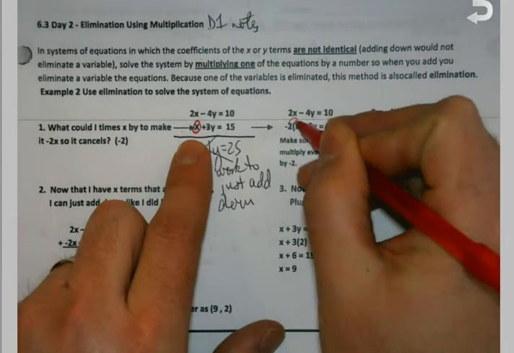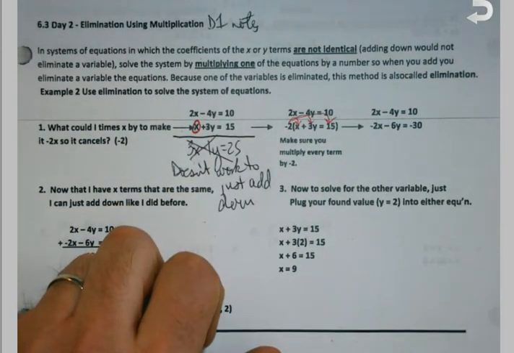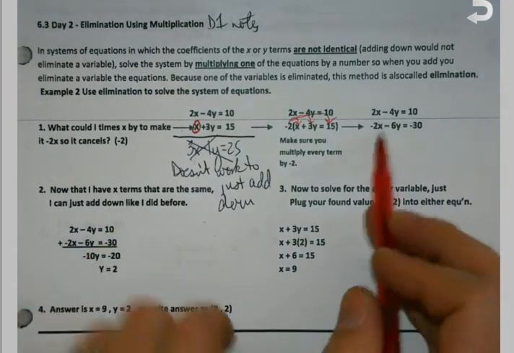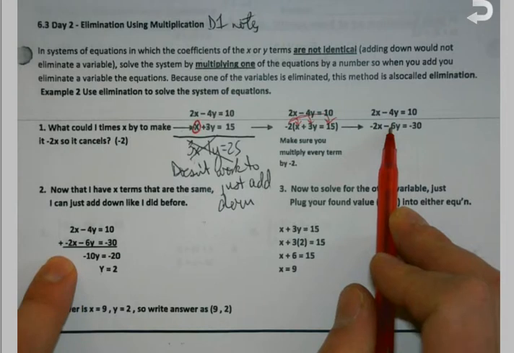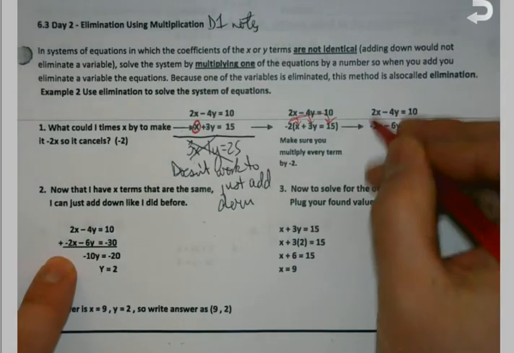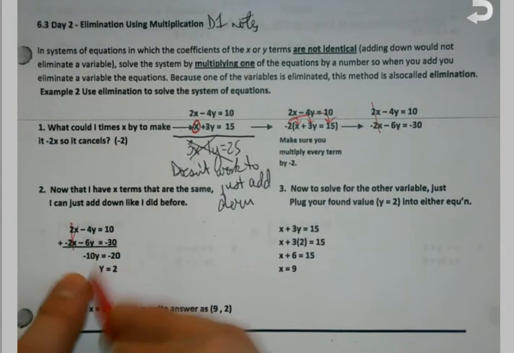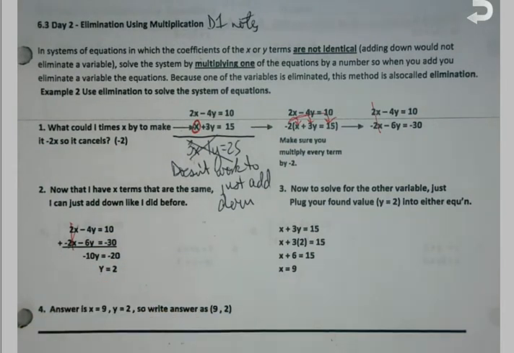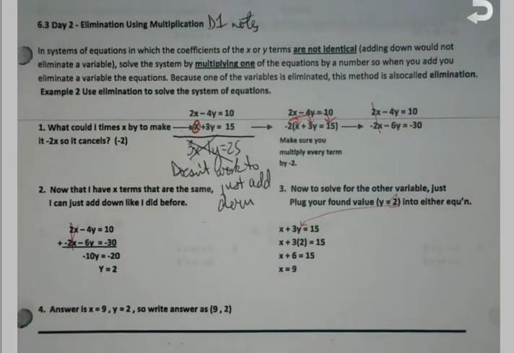And I'll distribute it all the way through to every single one of my terms, because then I do have positive and negative 2x that are going to cancel each other. And then when I add down, it does turn into just like yesterday, where I can solve for y, and then plug that y value back in and get an answer.